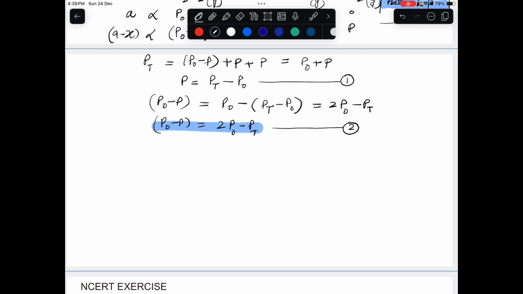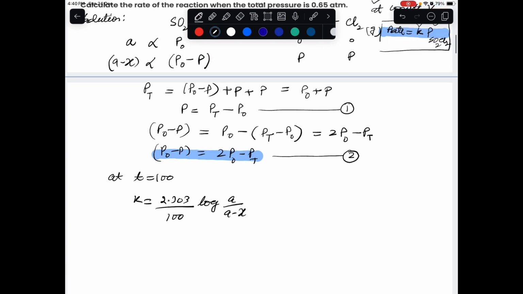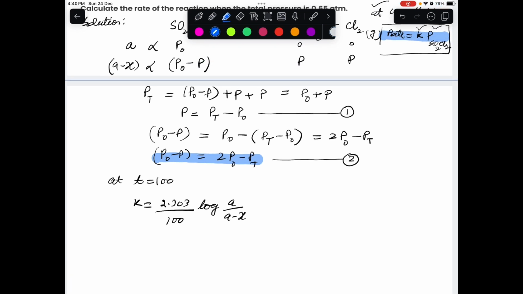So the rate constant at time equal to 100. The rate constant can be written as 2.303 divided by the time, which is 100, and log of A by A minus X. Now in our case, what is A and what is A minus X? We will write down the values.